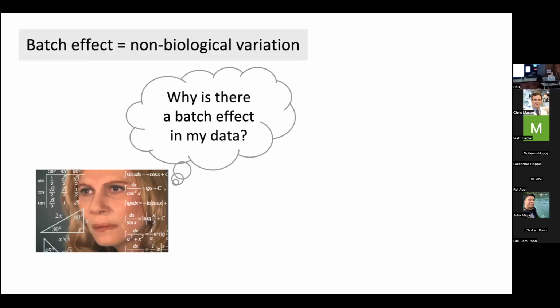So yeah, batch effect. Batch effect is non-biological variation. It comes from the technical side. So can you give me an example of why there may be batch effect appearing in the data set? Different measurements at different times, different locations, different people handling samples.